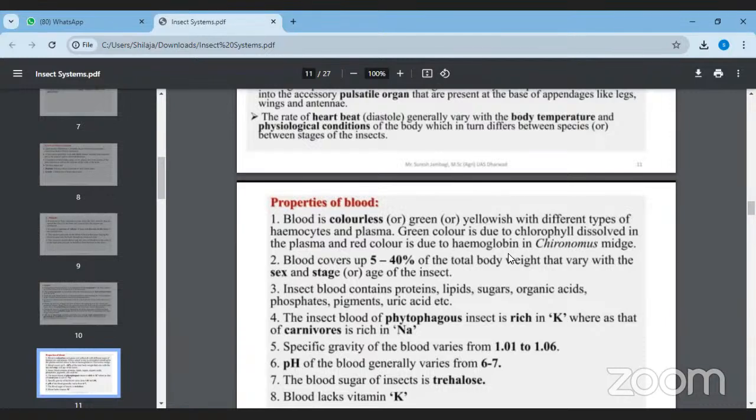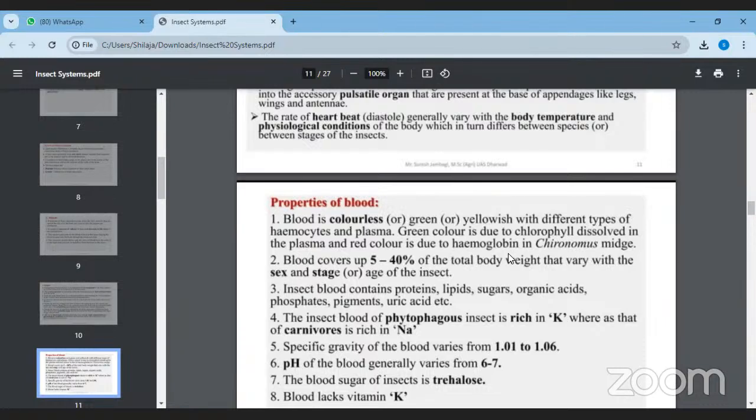So depending on the total body weight and the age of the insect, the protein, sugars, lipids, phosphates, pigments and uric acid vary in the particular hemolymph.